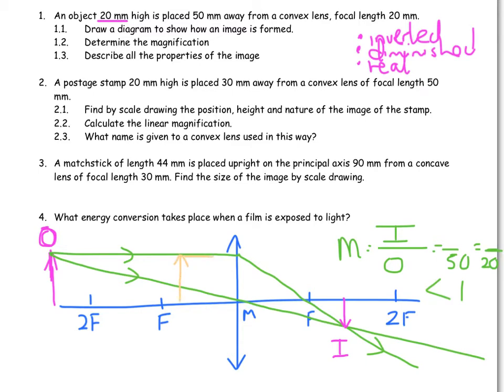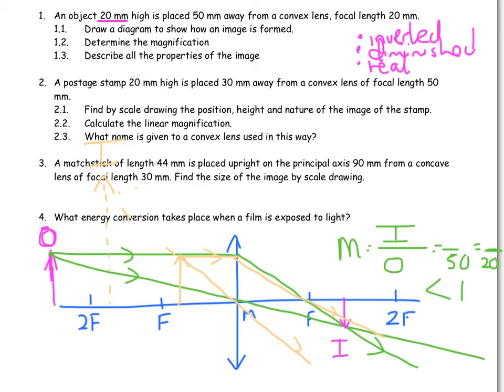And what is going to happen from that is that you are going to land up with rays that diverge apart. So you're going to extend them backwards, and you land up with a virtual image on the same side of the lens that is enlarged.